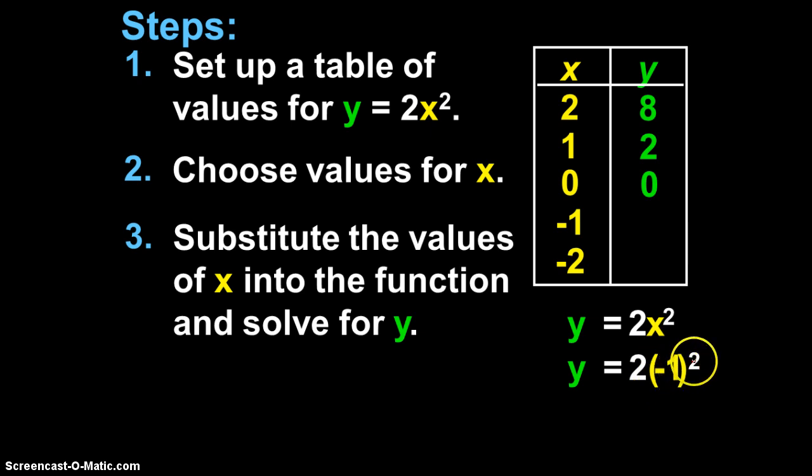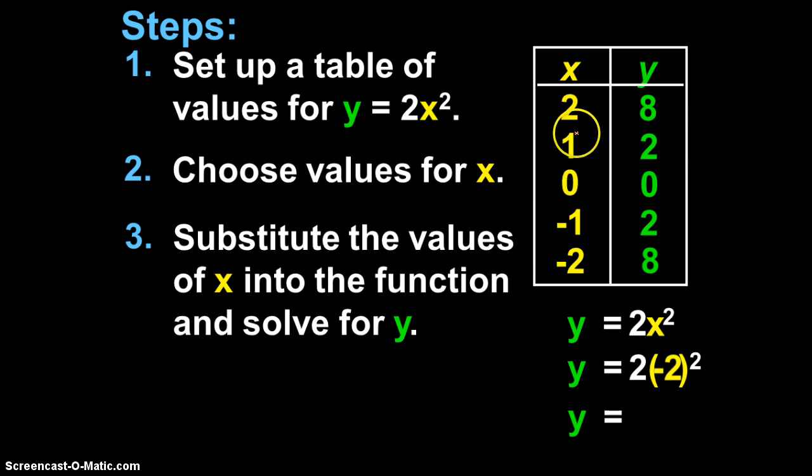So -1 to the power of 2 is +1. +1 times 2 is +2. It goes here. The last one is -2. -2 to the power of 2 is +4. +4 times 2 is 8. This is the last one.